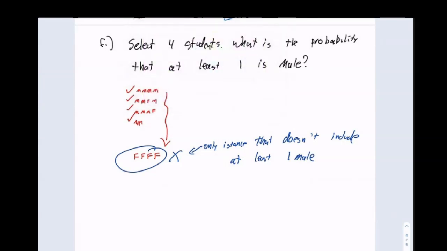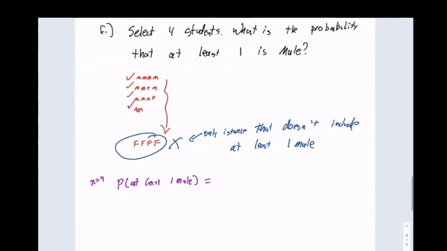And as such, the probability of at least, for n equals 4, of at least one male is equal to, can anybody recall what I do? This is the at least one. Anybody?